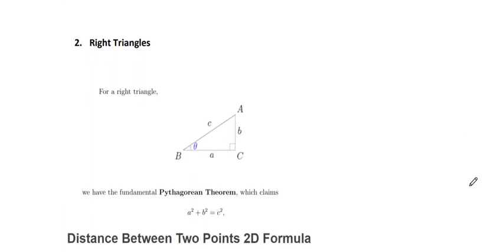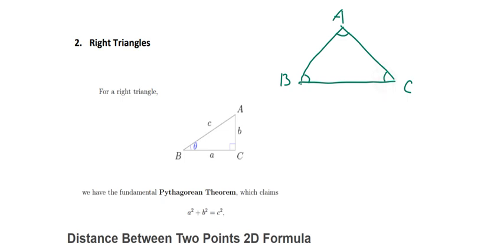Okay, for triangles, here is a general triangle ABC. For a general triangle, first we say angle A plus angle B plus angle C equals 180.